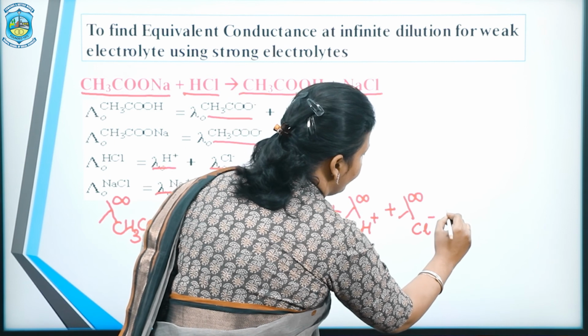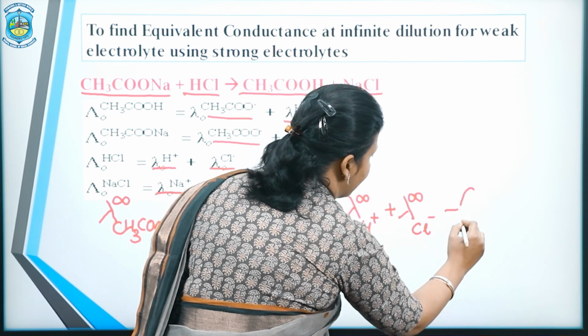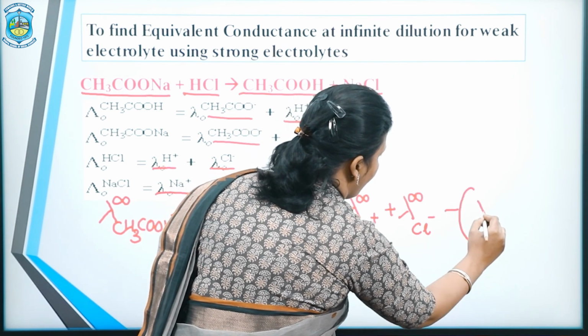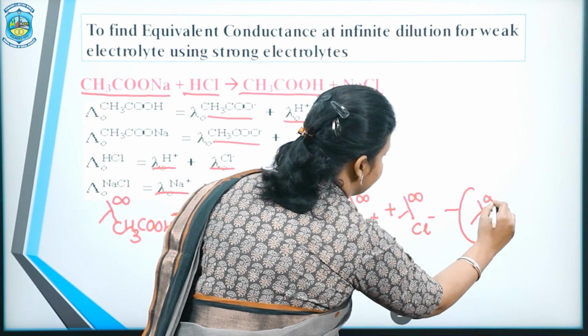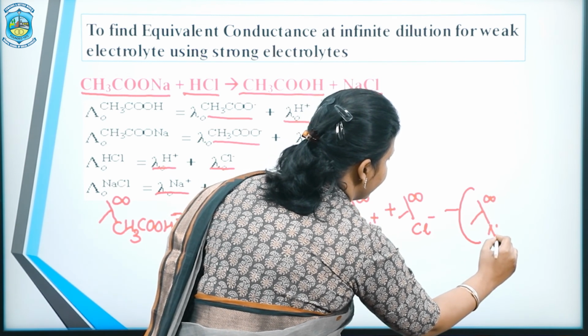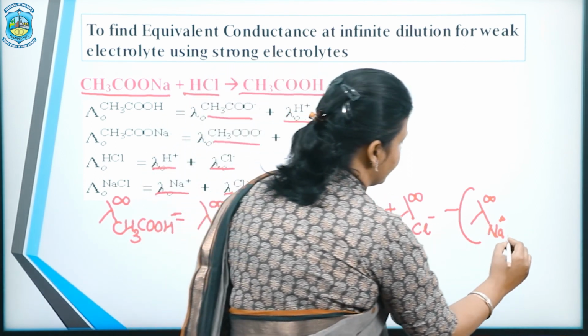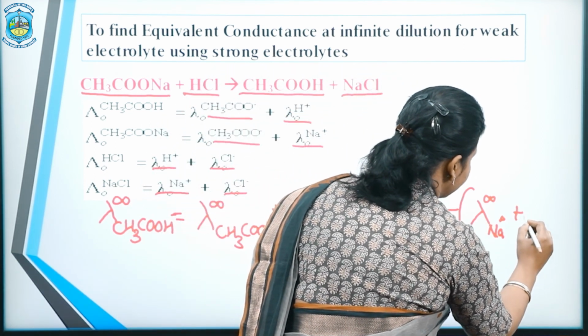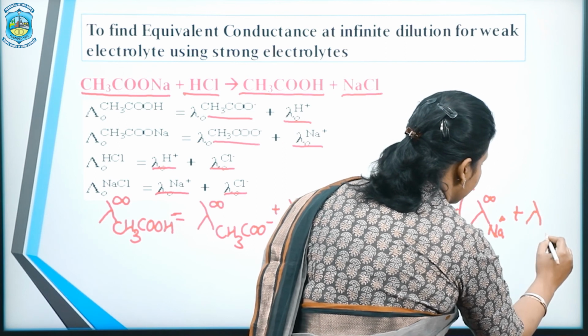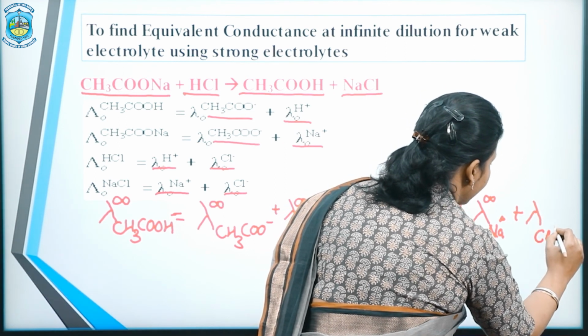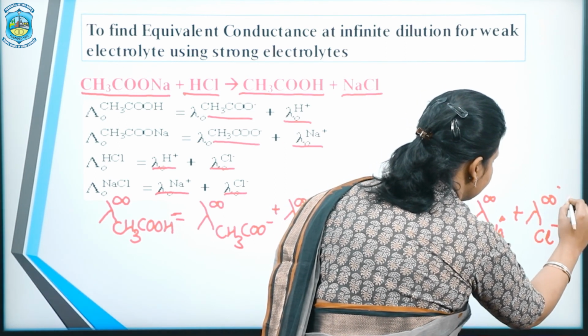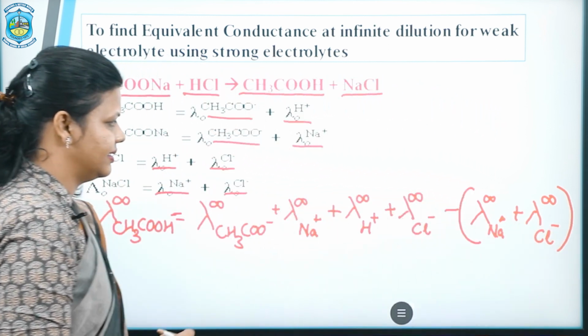From this we will subtract the ionic conductance of NaCl at infinite dilution, and on solving this equation we will get the result for the weak electrolyte, that is acetic acid.